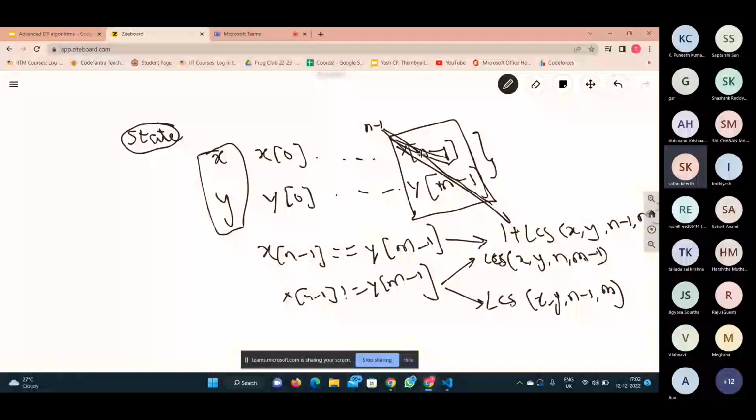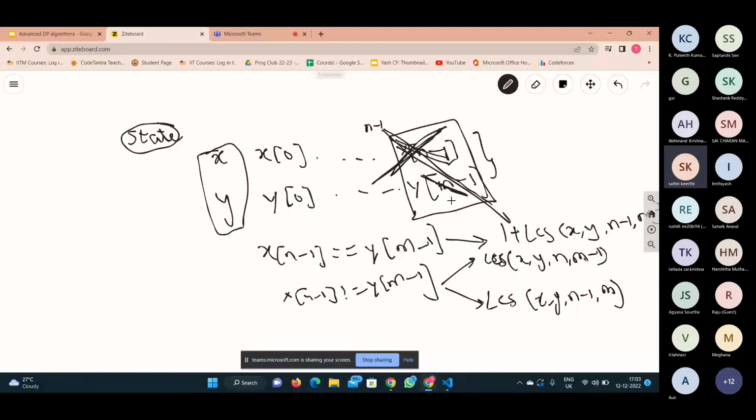So we are basically reducing to a smaller problem, and LCS of x comma y comma n minus 1 comma m: we remove this character and find the LCS of these two, and we remove this character and find the LCS of the remaining two strings.